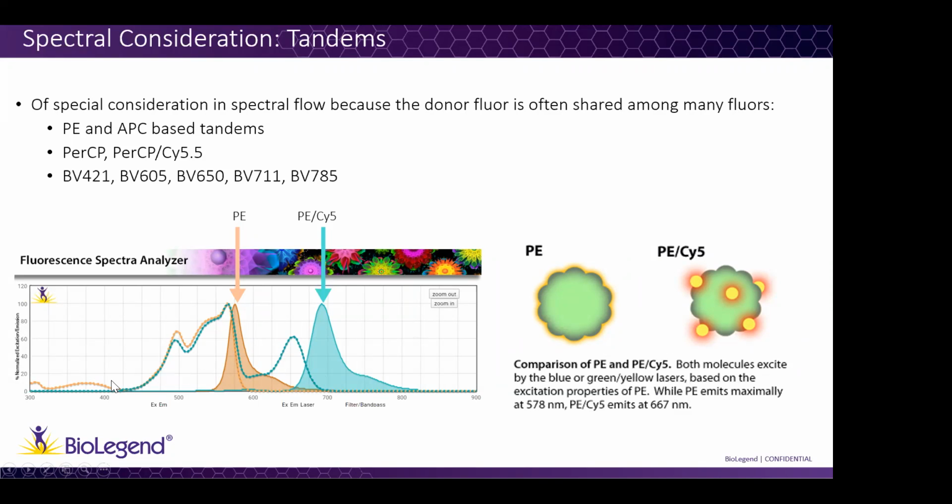And this, of course, means that the excitation is the same because the donor molecule is the same. And that's why you can see here that they are excited by the same laser, basically, in a conventional instrument. But their emission maxima are different. So this is the way you can separate them.